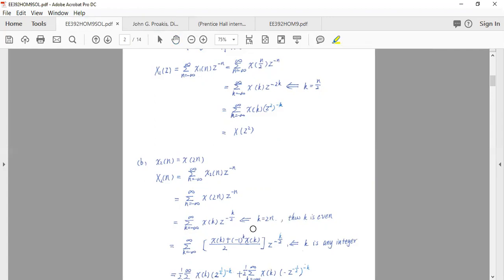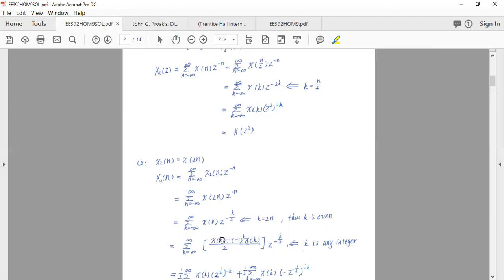So we know this, right? Based on this, we know that k is even. So we can rewrite this particular term for any k value as this. You can see that if k is an even number, this term will yield x of k.